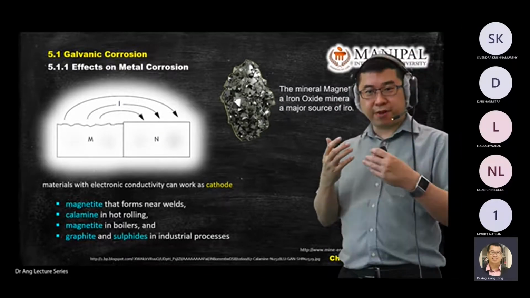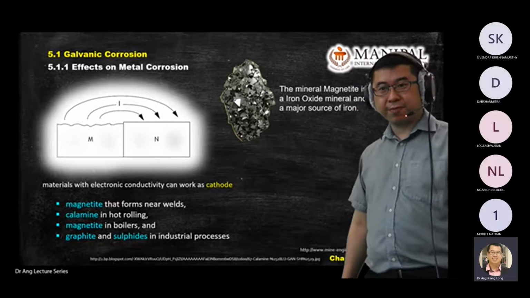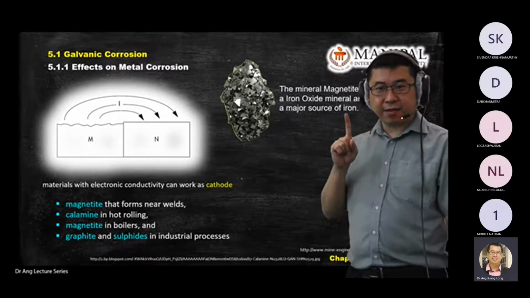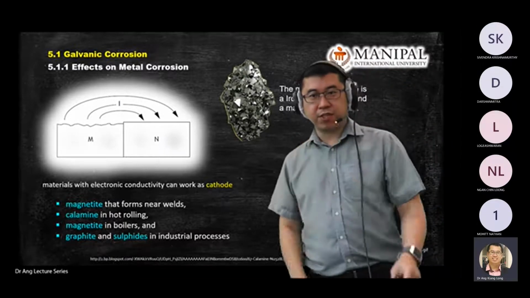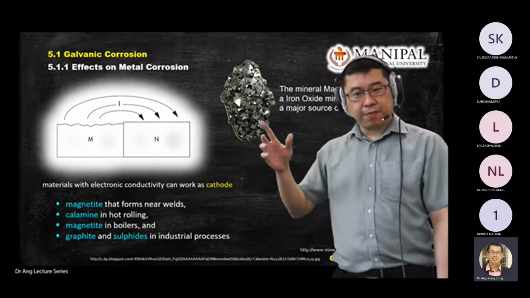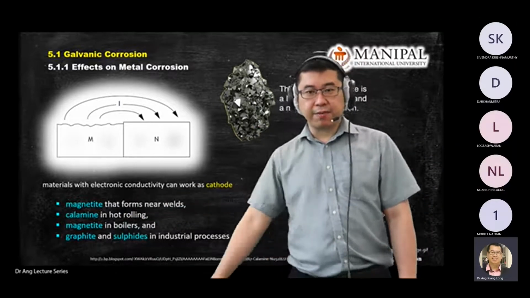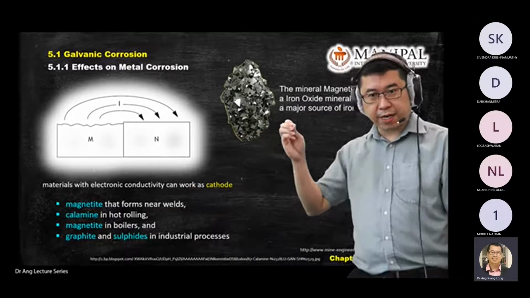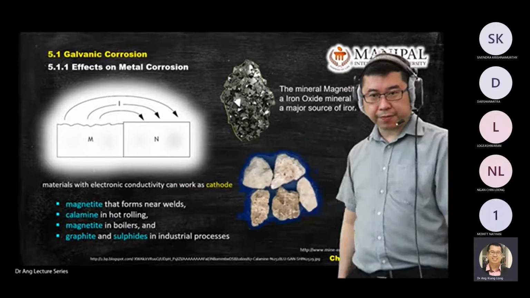When you have a different potential, iron can become a magnet. Anyway, magnetite is an iron oxide with a high percentage of iron inside.